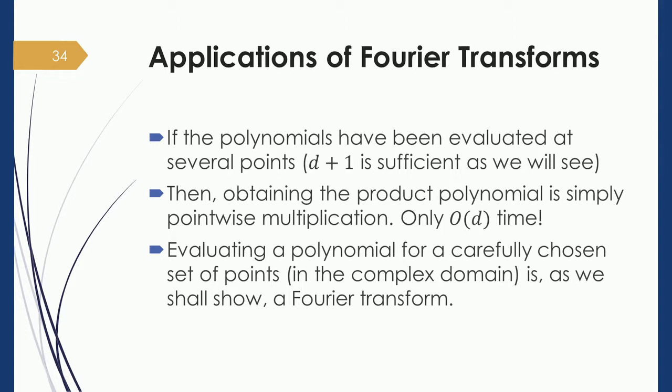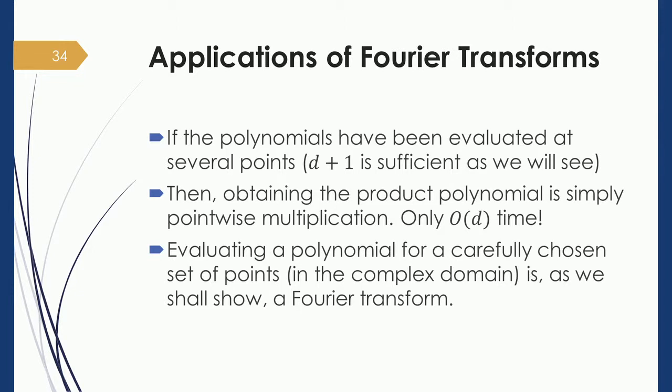polynomial multiplications faster, provided we can actually convert a polynomial representation from its usual form to this point value representation, basically evaluations at several points. However, if we want to evaluate a polynomial at d points, that itself might take theta of d squared time.